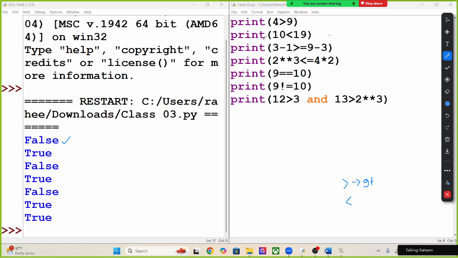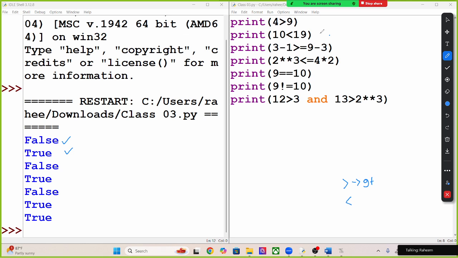If you take the second one, tell me, is 10 smaller than 19? This is the smaller than symbol, right? Actually 10 is smaller than 19. If it is yes, it prints true. The third one is 3 minus 1 greater than or equals to 9 minus 3.